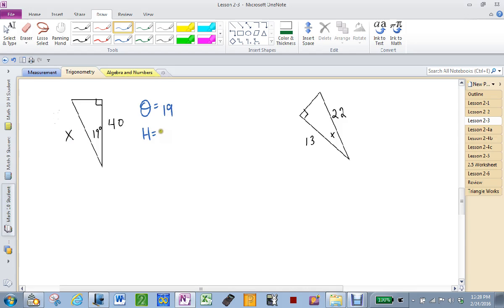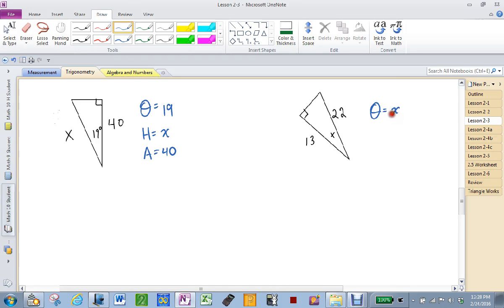No, but there's an x there, so I'm going to be dealing with hypotenuse. So will I be using tan? Nope. Of course not. And what is the other side I have? I have an a, which is 40. That's all I'm writing. You're going to solve it. I'm not even going to tell you which one to use. Now let's go to this one. Do I have a theta?